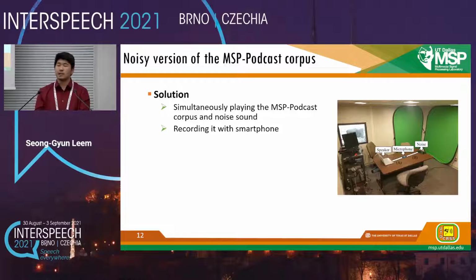So what we do is directly record the MSP-Podcast corpus in a simulated noisy recording condition. In a single-walled sound booth, we simultaneously play the MSP-Podcast corpus and the noise sound. And then we record those mixed sounds with a smartphone, which is a generally used device in real-world applications.